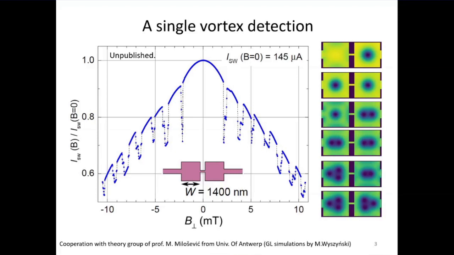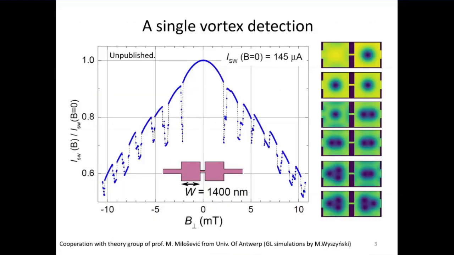This onset of the first vortex entry and next vortex entries always happens at well-defined magnetic fields, and this huge suppression is in fact the effect of the expulsion of the vortex from the box. I will come back to this in more detail later.